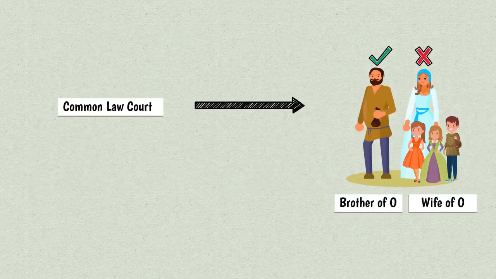The common law courts would not enforce the use, recognizing only the conveyance to the brother. But Chancery, the court of equity, did. O's brother held legal title, but in equity, O's wife and children had the beneficial interests, which Chancery would enforce.